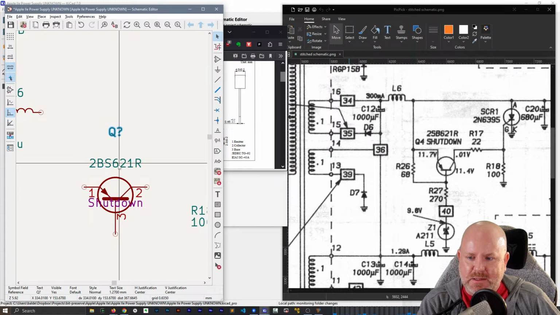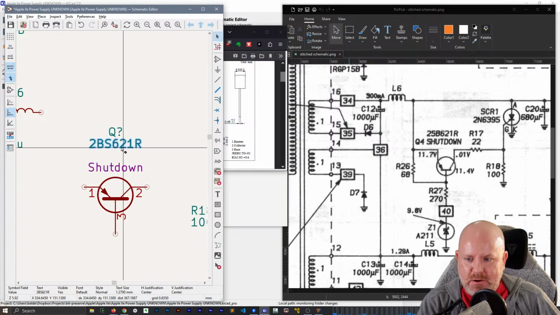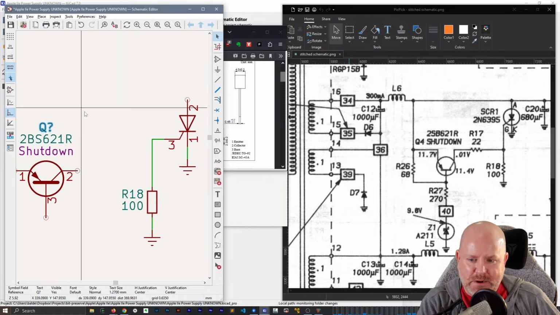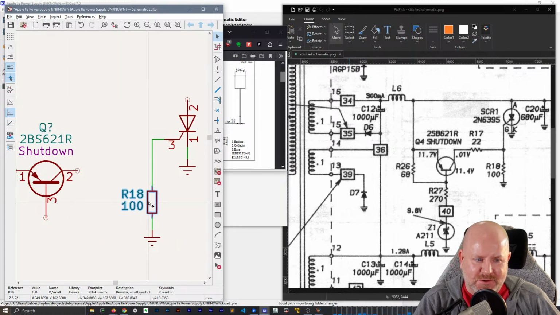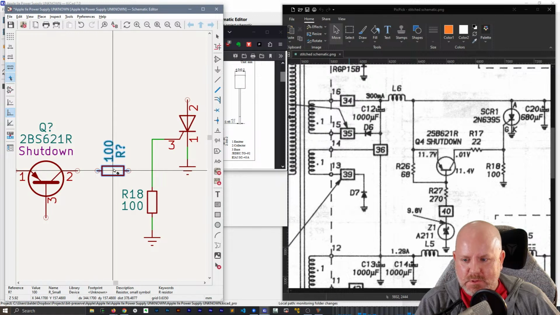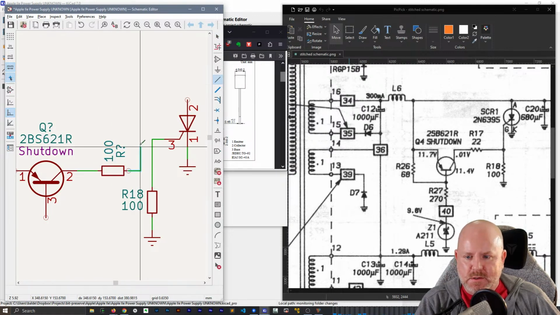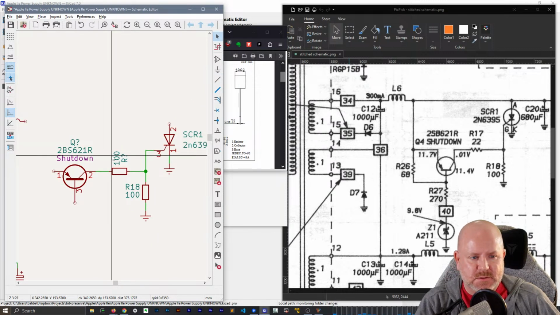I'm not going to try to line this up the way they did. I'm going to do it my way. It's my way or the highway. Well, it's my way. There is no highway. All right. And then do something like this.